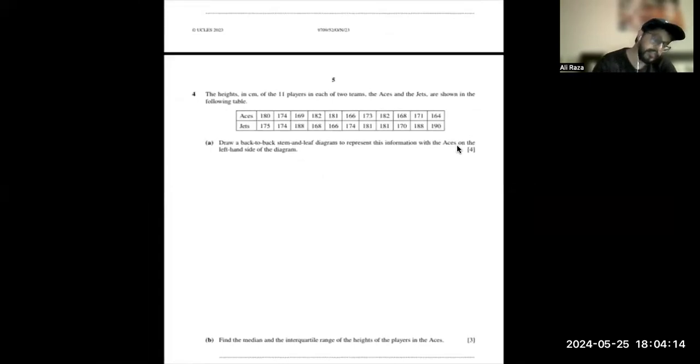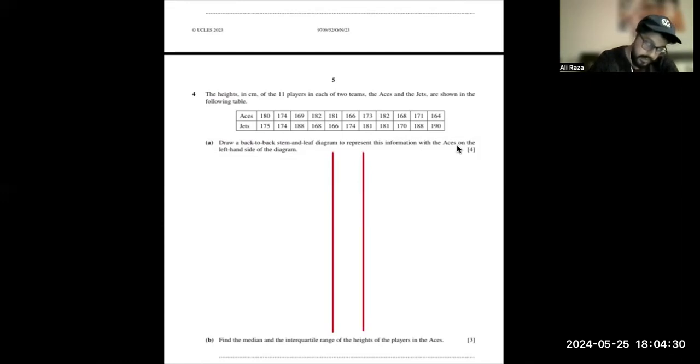Question 4 is asking us for constructing a stem and leaf diagram for both the data sets. I have data values from 160 to 190.